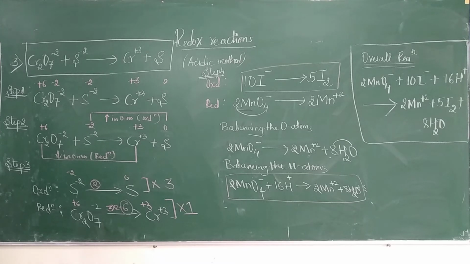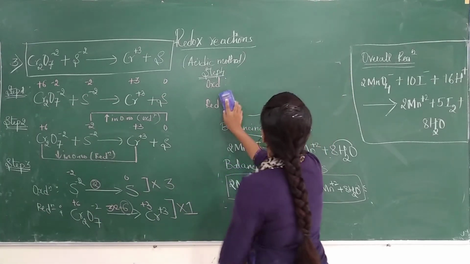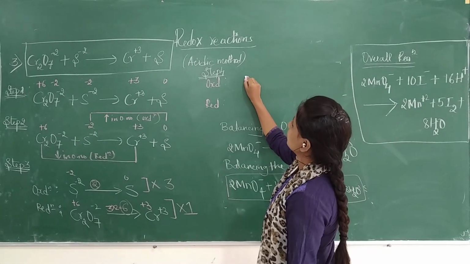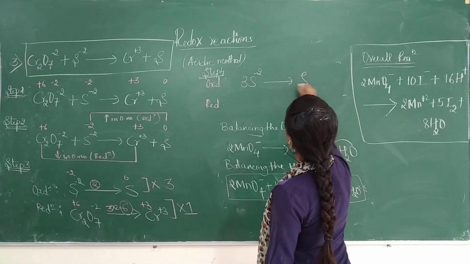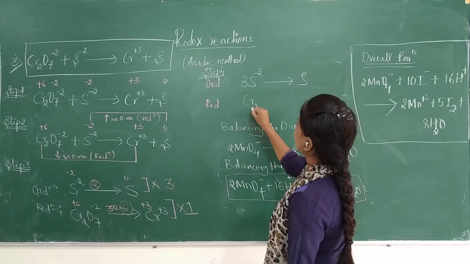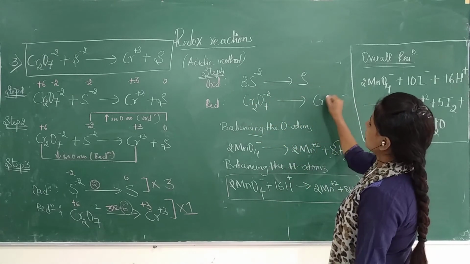So 3 into sulfide, multiply 3 into S minus 2, which gives out sulfur. Next, 1 into Cr2O7 minus 2, again the same, dichromate ion, we get it like this.